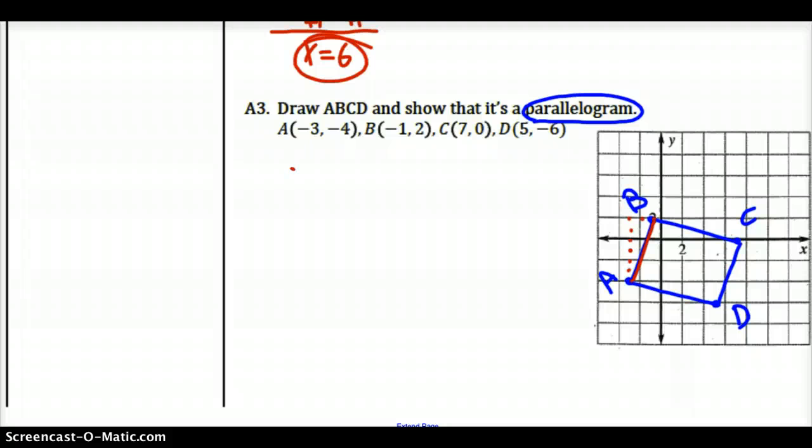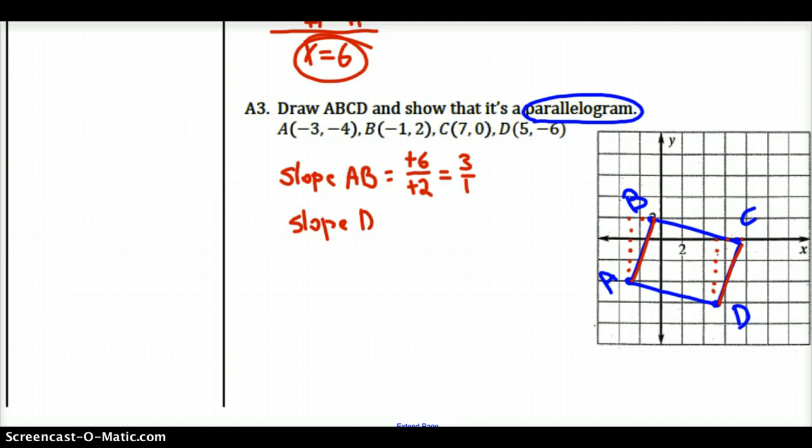So the slope of AB is up 6, right 2, which gives me a slope of 3 over 1. Similarly, I'm going to find the slope of the opposite side. Again, it looks like it's the same. So the slope of DC is again up 6, right 2. So these are parallel. So AB is parallel to DC, and we're halfway there.